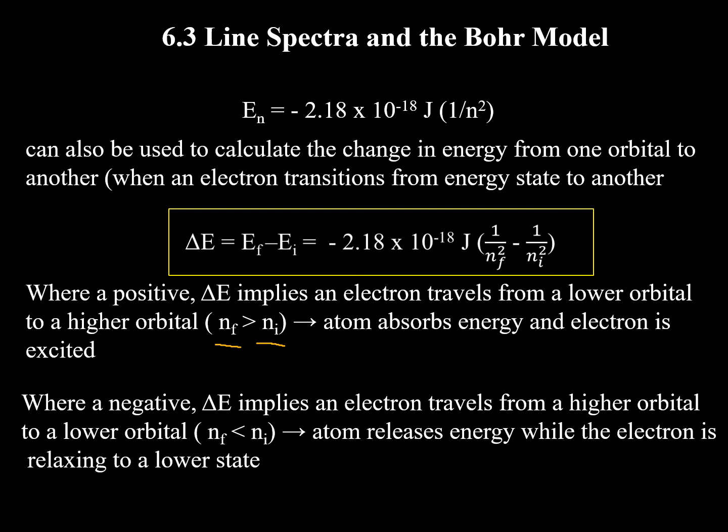You need to absorb energy to get the electron excited, and it will go to a higher state. Conversely, if the final state is lower than the initial, so the electron relaxes back down to a lower state, you will emit energy.